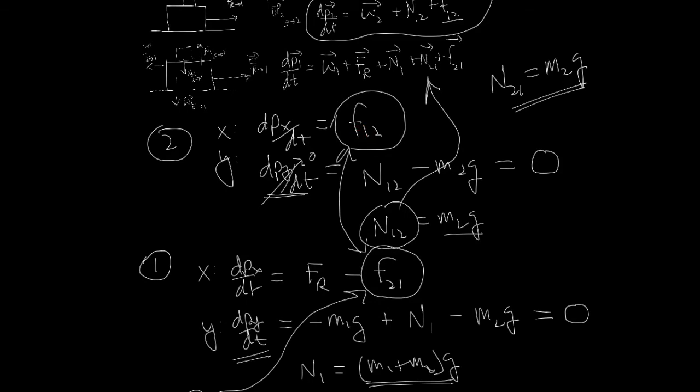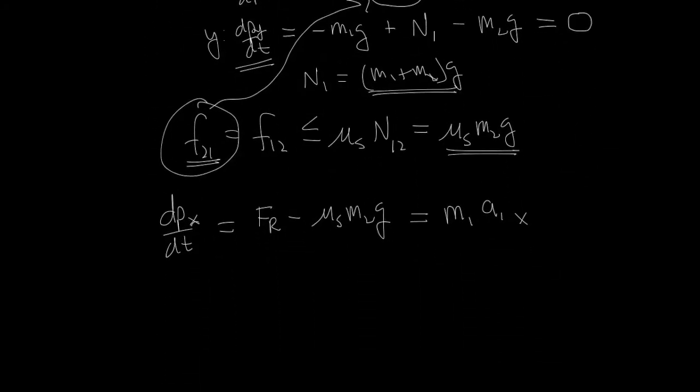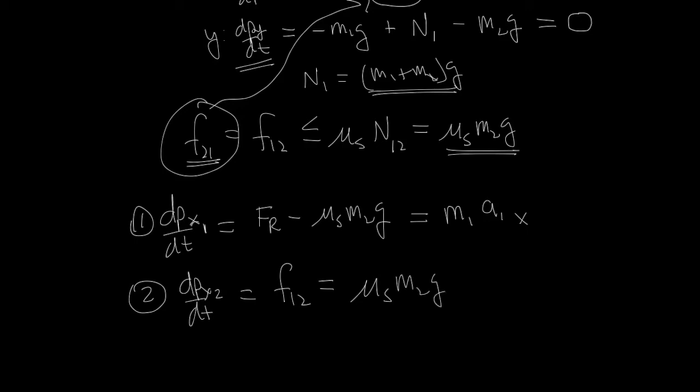So let's scroll this guy back down, and let's put this in. This is for block 1. Just as a reminder, for block 2, we had dpx/dt. This is block 1. This is block 2. It happened to be equal to simply F12, which was mu s m2g as well.